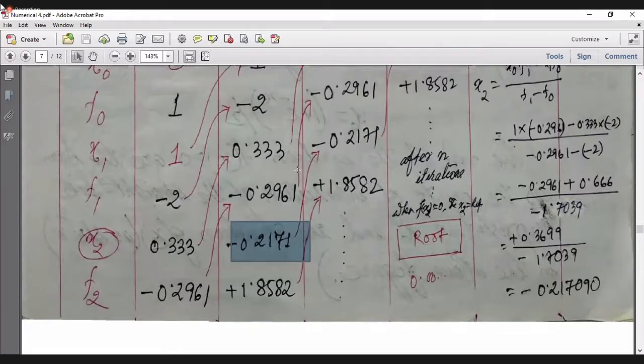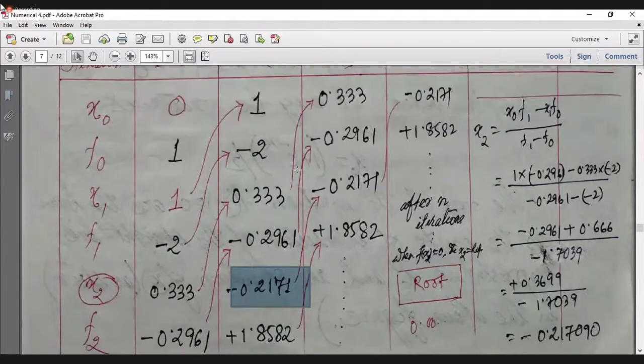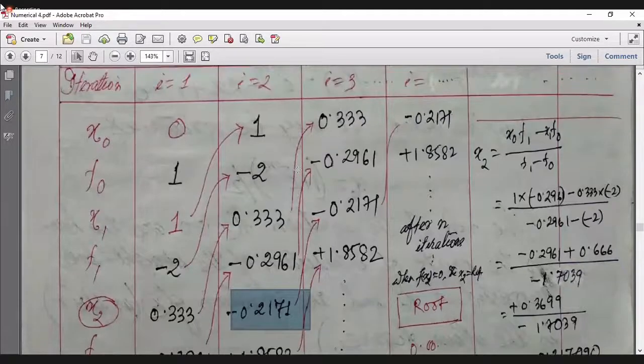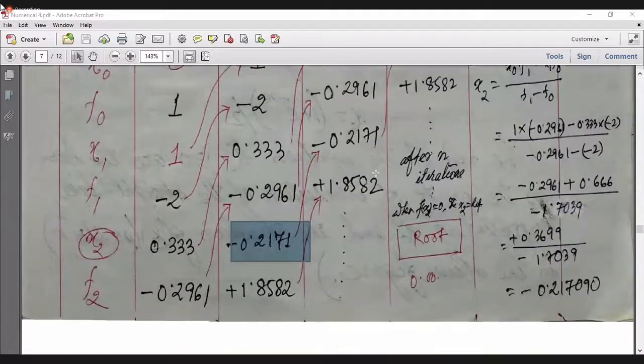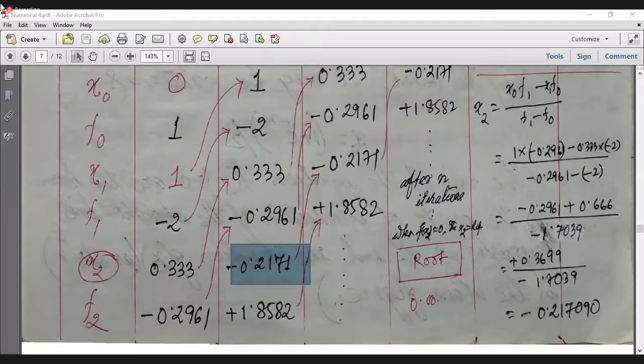How long are we going to proceed? As I told you, we keep two conditions. The first one is using the iterations. If we cannot converge to the root, then we can come out of the loop using our iteration count. The second one is that we check the value of f of x2.